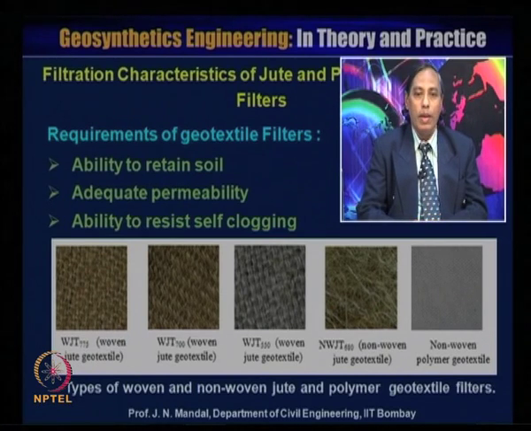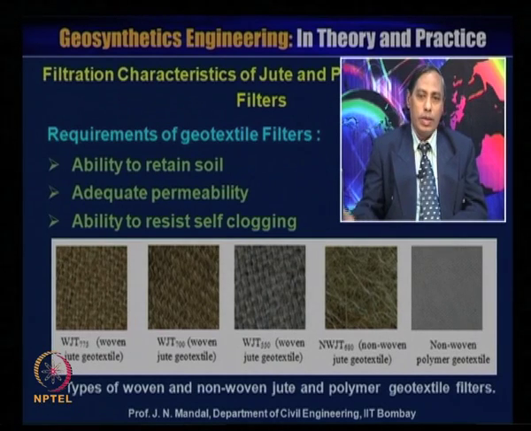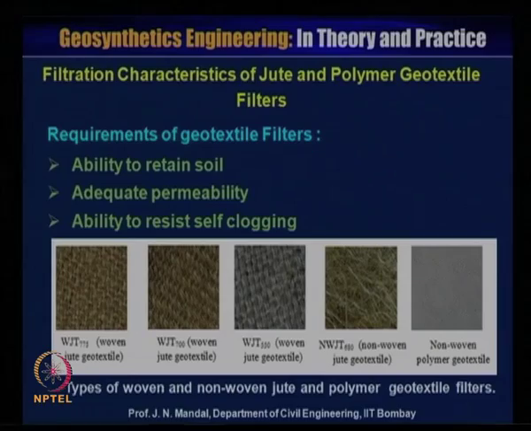Here we have shown that for natural prefabricated vertical drain, either woven jute geotextile or non-woven geotextile and the polymer geotextile material. These are the various types of the geotextile filter. Now, the apparent opening size of the geotextile.